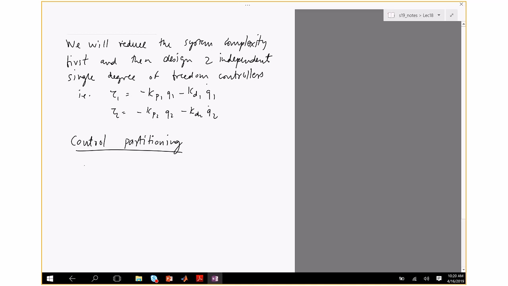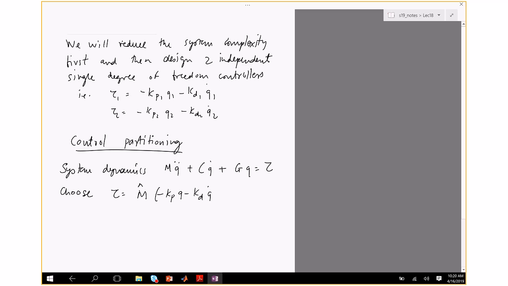So the system dynamics is M q double dot plus C q dot plus G q equals torque. Okay, what we do is we choose a controller of this form. Torque equals M hat, and I'll tell you what M hat is, times (minus kp q minus kd q dot), plus C hat q dot plus G hat q.